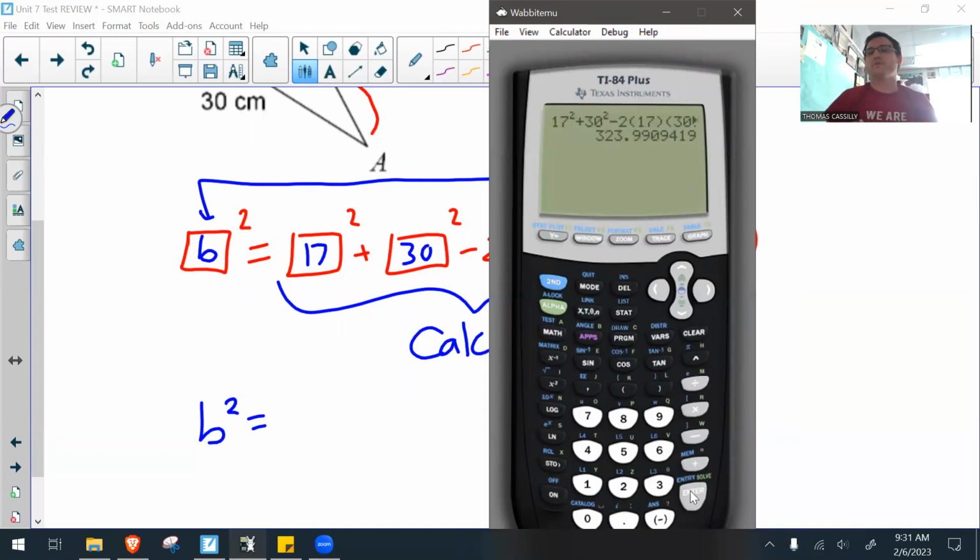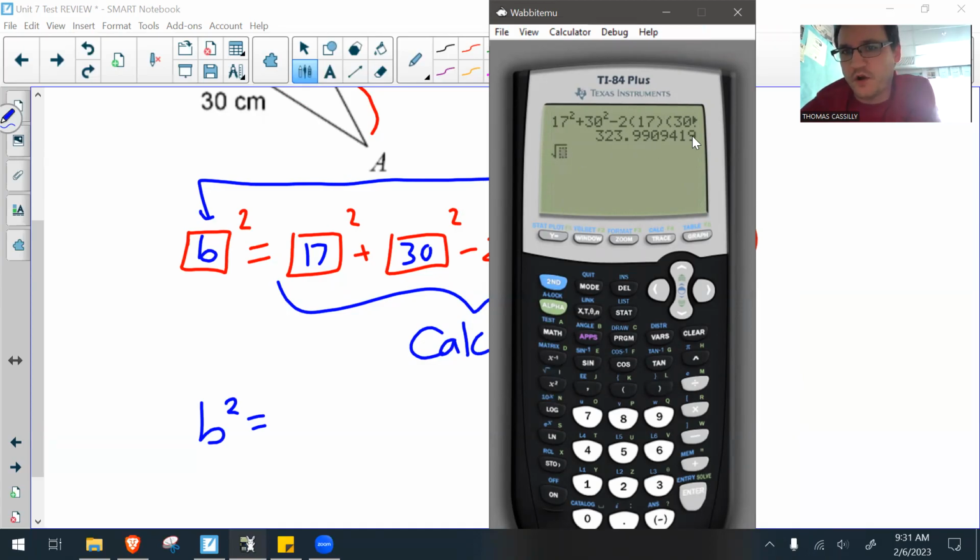All right, so we got a big old number, 323.99. Now, that is b squared. So what we need to do is square root this answer. So press the blue button in your calculator. That's your shift button, and then look for the x squared. You do that, it'll bring up a square root.